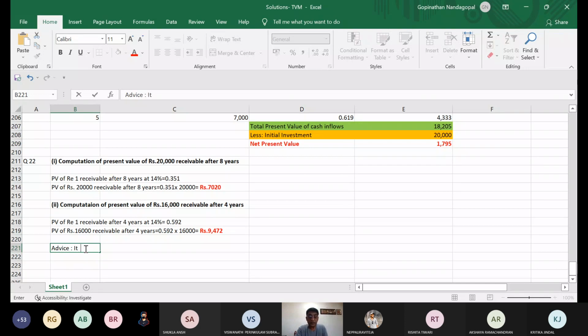And one more thing I want to tell my dear students, when you write the amount in the exam, if you write 2.5L, 2.5 thousand, like that, I'm sorry, I will reduce marks. That is not allowed in accounting. That is not allowed in finance.